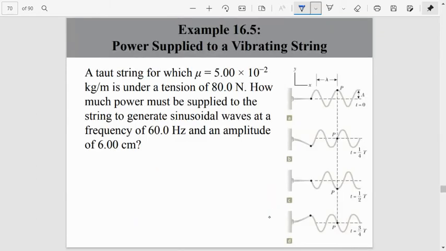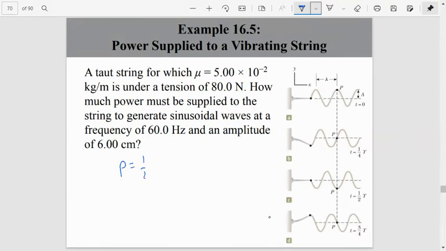The following example is, again, the same as the quick quiz. It's all in the chapter in the textbook, but we wanted to discuss the problem-solving approach for power. This question gives you a bunch of information about the string, the frequency of the wave being sent through, and the amplitude. So it gives you everything you need to calculate the power.